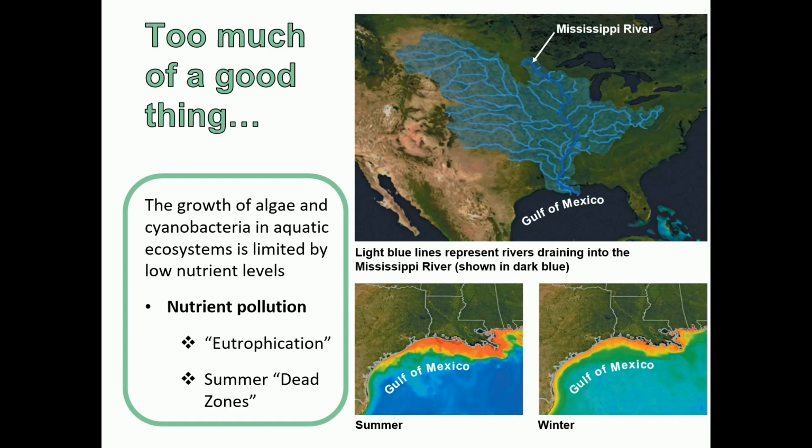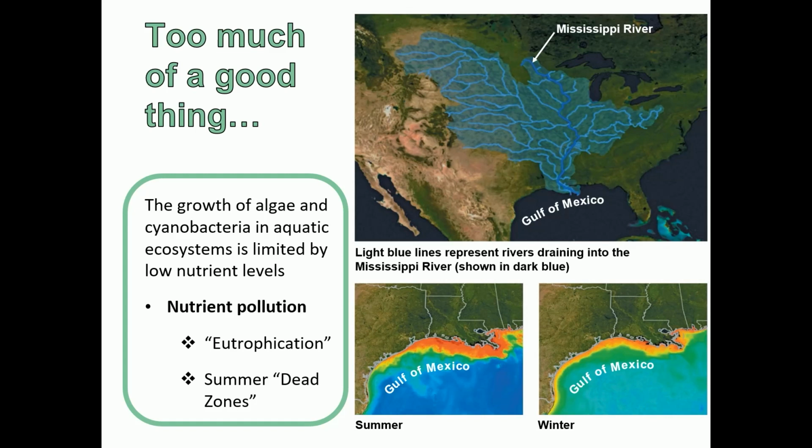All of these watersheds in the American Midwest are actually connected to a single watershed. These are all eventually connected to the Mississippi watershed. And if you look at this area, this is the breadbasket of America. This is where the majority of our agricultural production occurs.